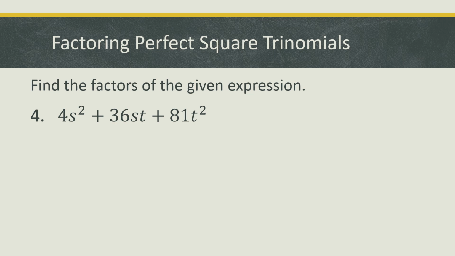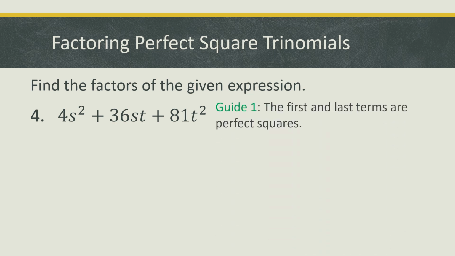Let us check example 4. 4s squared plus 36st plus 81t squared. Guide 1. Check if the first and the last terms are perfect squares. The square root of 4s squared is 2s. The square root of 81t squared is 9t.